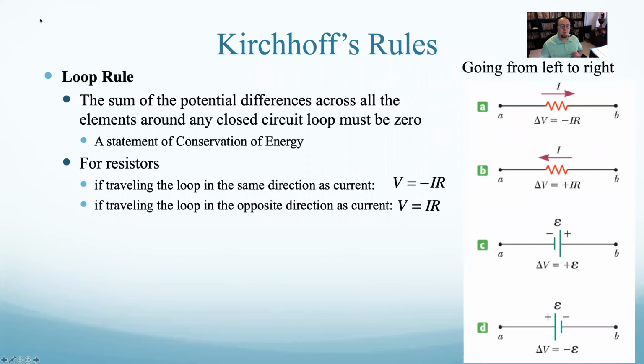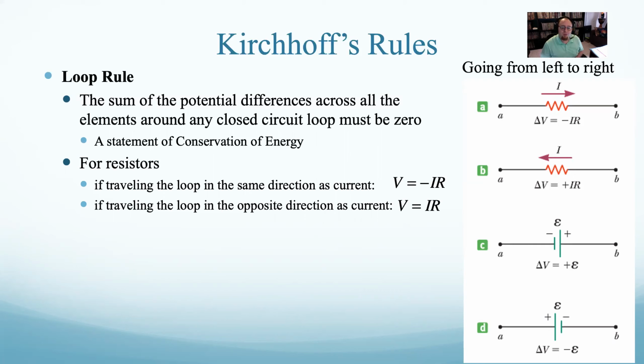Resistors take potential and reduce it by a potential. So when you're going around a loop, you are going to work around a loop. And you'll see what I mean when I do an example in a slide or two. When you work around the loop, you are going to say, I'm going from here to here to here.